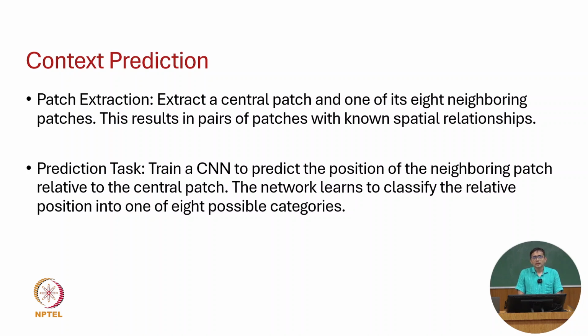However, for the sake of simplicity, let us assume we are talking about 3x3 patches. So in this case, we have a central patch, and we can consider its neighboring patches, that is all the other patches except the central patch. How many of them are there? There are 8 such neighboring patches.